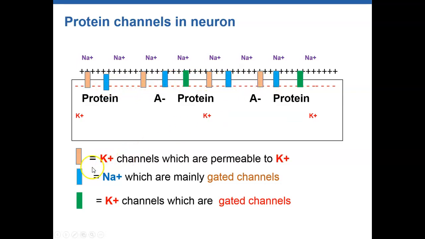Sodium channels tend to be more gated. We might have a few that are flow through, but mainly they're gated. And then we also have some gated potassium channels. I put different colors for each of them, okay? And remember, potassium is a positively charged ion, so is sodium.